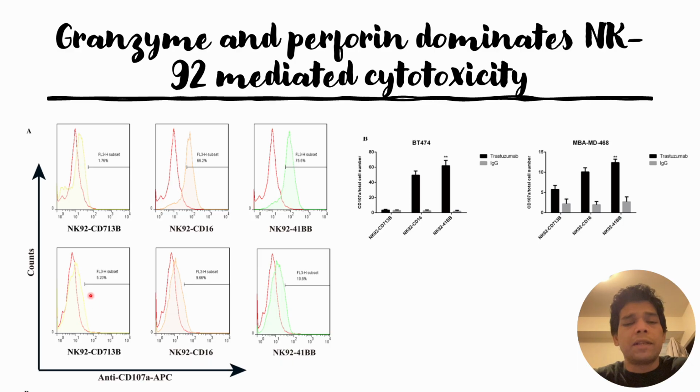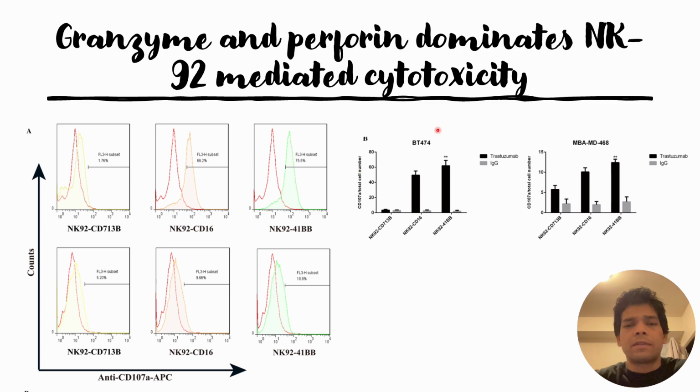Here they see some increase in the activation, but the increase is very low. Once we check the quantification results, we will appreciate the difference between HER2 positive cells and NK-92 activation, and HER2 negative cells and NK-92 response.